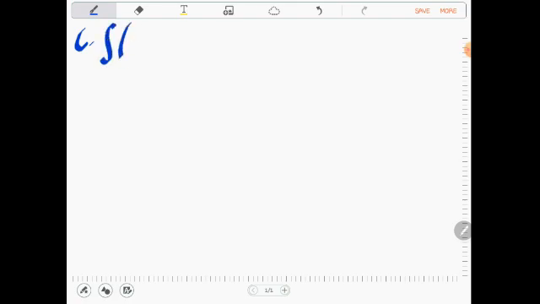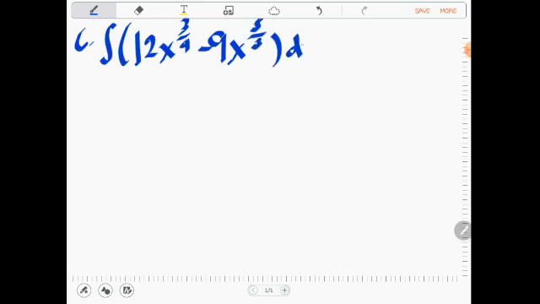The integral of a quantity 12x raised to 3/4. So, 3/4 naman yung kanyang exponent minus 9x raised to 5/3. Okay, closed quantity dx. Okay, so ganun pa rin yung gagawin natin. So, this would be equal to 12x raised to 7 over 4, all over 7 over 4. Okay, paano nangyari?